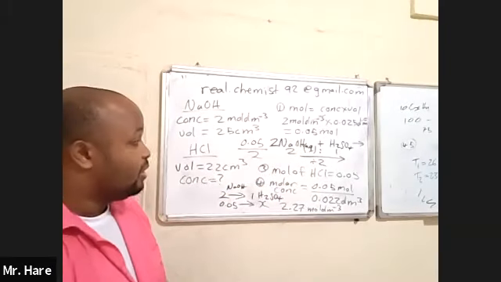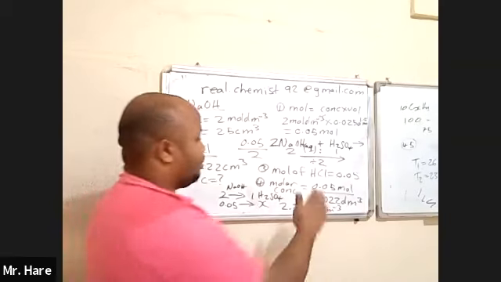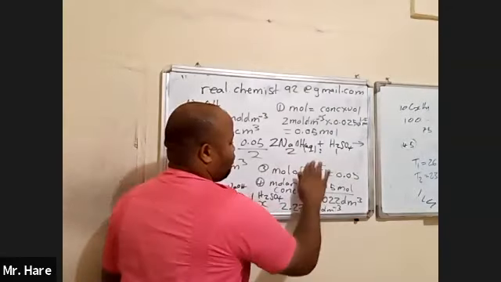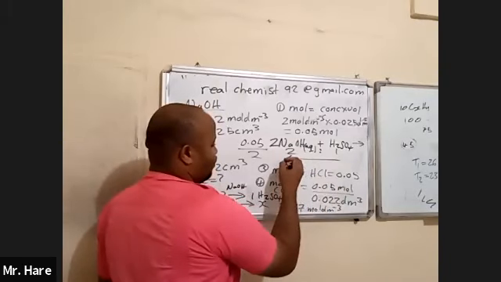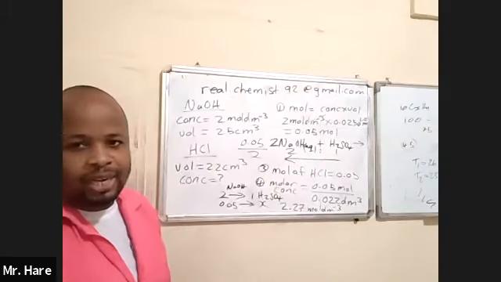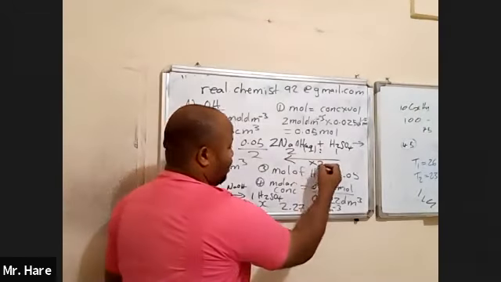However, if the 0.05 mole was for sulfuric acid, then the situation would flip. You would be going from the 1 mole of sulfuric acid to 2 moles of sodium hydroxide, in which case you would have to multiply by 2.